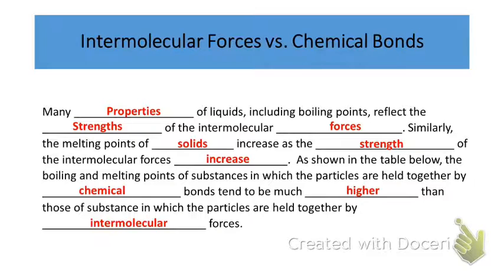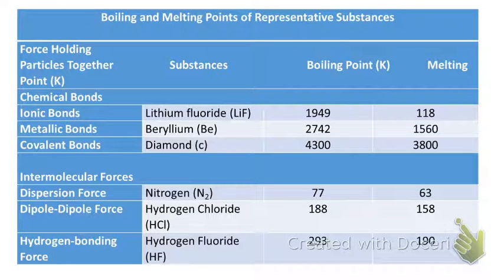So essentially what we're saying here is that it appears that the chemical bonding has a stronger influence on the boiling points and melting points of compounds than intermolecular forces do. And we can see that very clearly in this table.